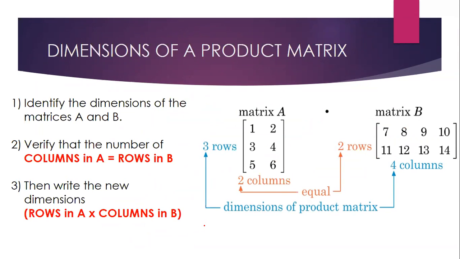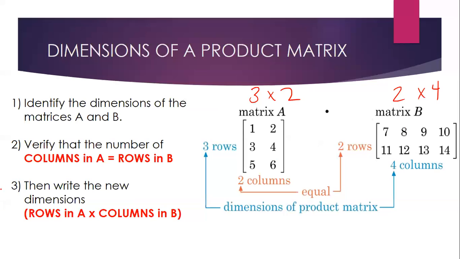Okay? So looking at this one, the first thing you're going to do is identify the dimensions of matrices A and B. Well, the dimensions here, we have a 3 by 2, and the dimensions here is a 2 by 4.